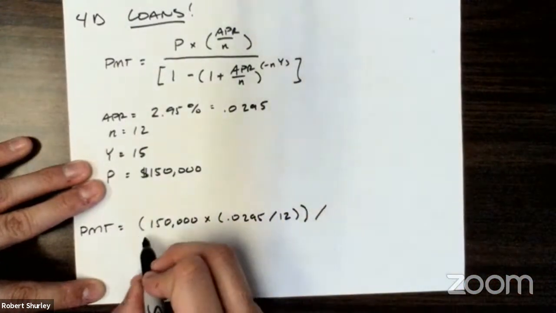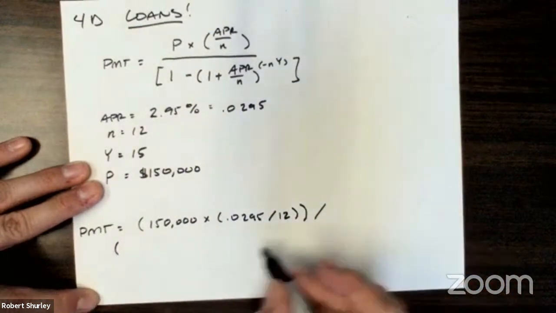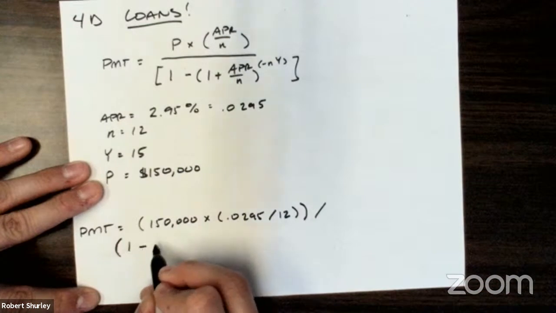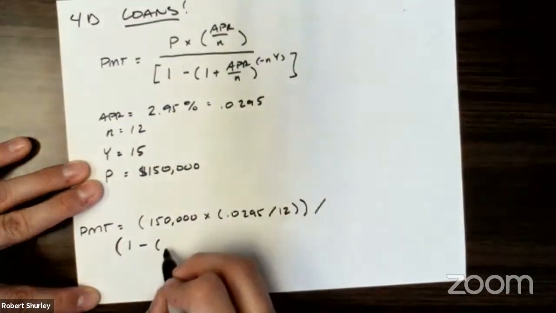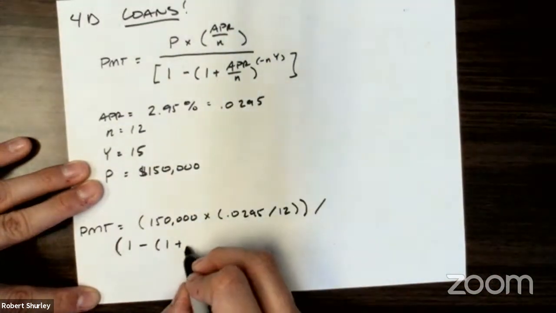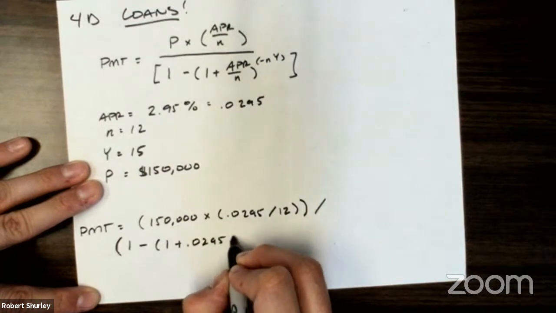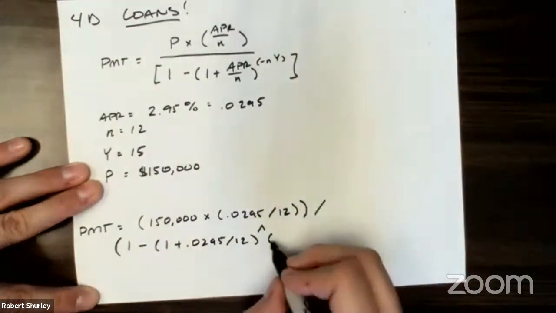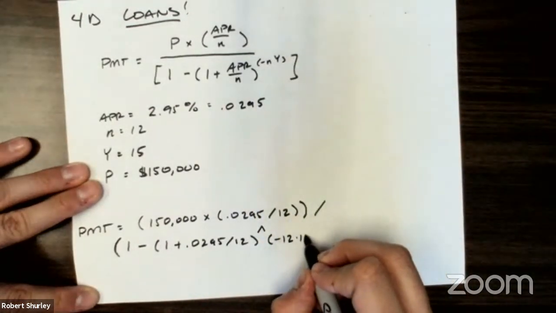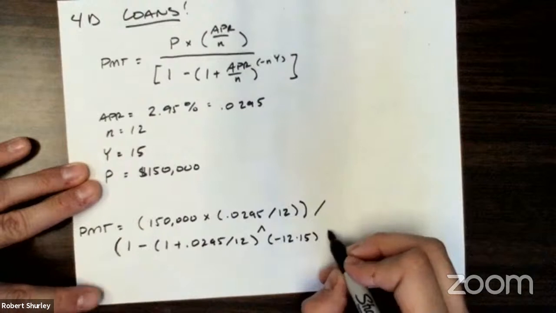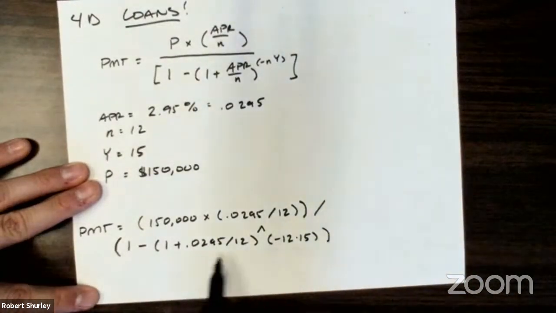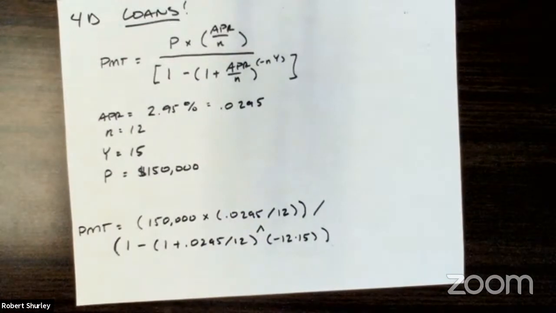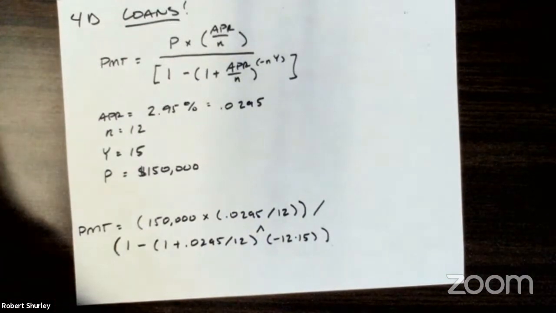I'm going to divide it by a big parentheses for the denominator: 1 minus, small parentheses for this part, 1 plus 0.0295 divided by 12. Raise that to the negative 12 times 15, and then close that off. Yep. So this should give us our answer. I'm going to pop it into my calculator to see what my payment would be.